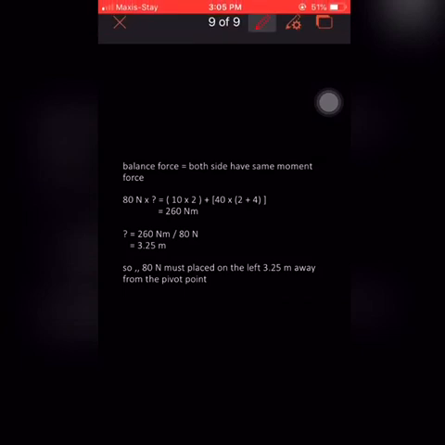So balanced force means both sides have the same moment, as I told you before. So we have to find the meter that can be multiplied by the 18 Newton to make it balance with 260 Newton meter. How do I get it?